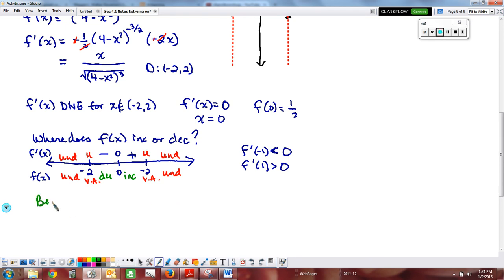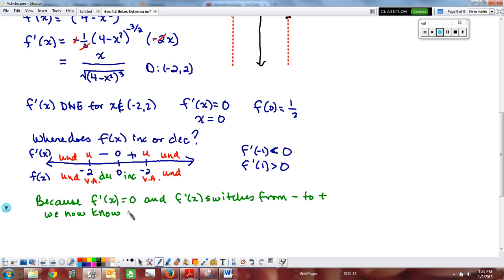So because f prime of x equals 0 and f prime of x switches from negative to positive, we now know that there is a local min at x equal to 0.